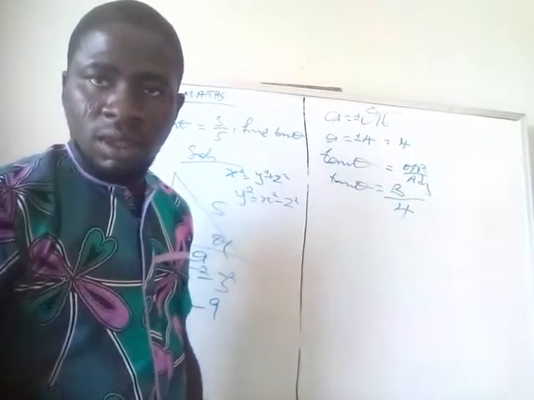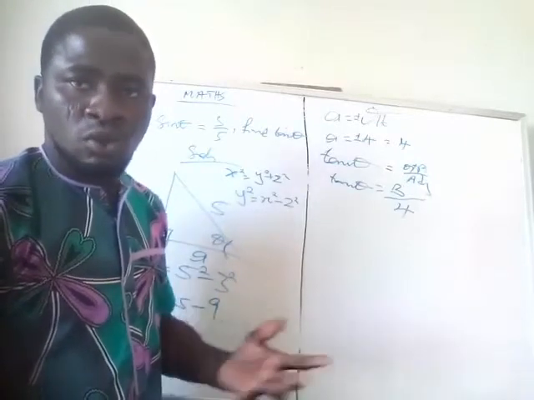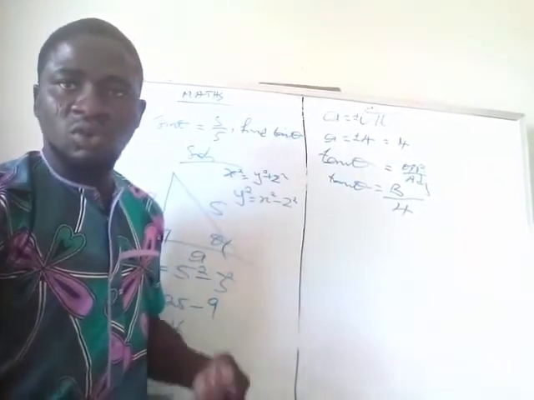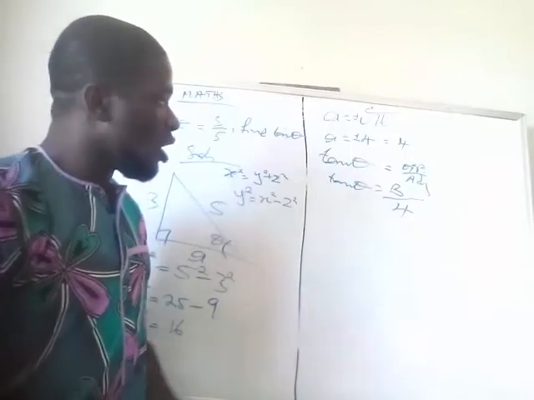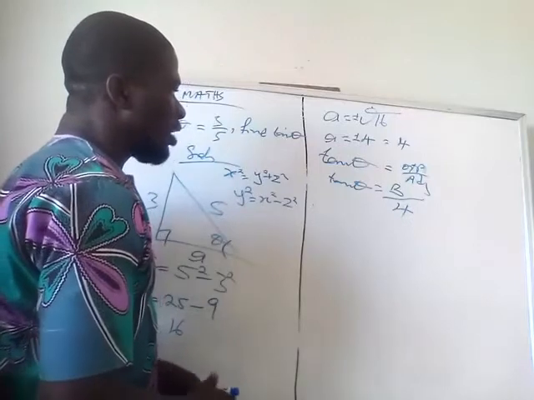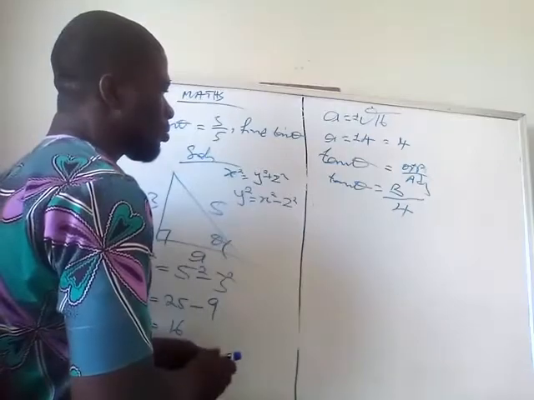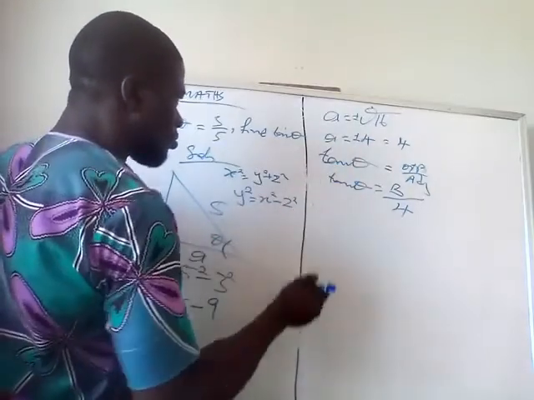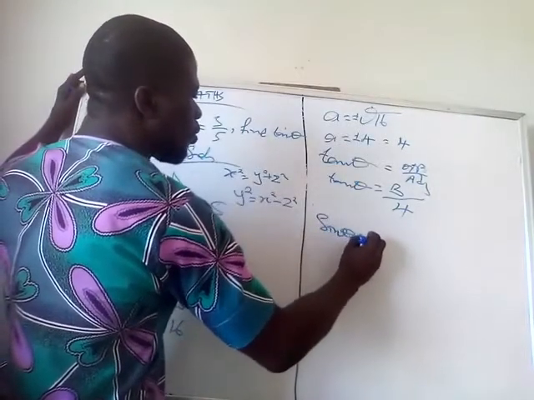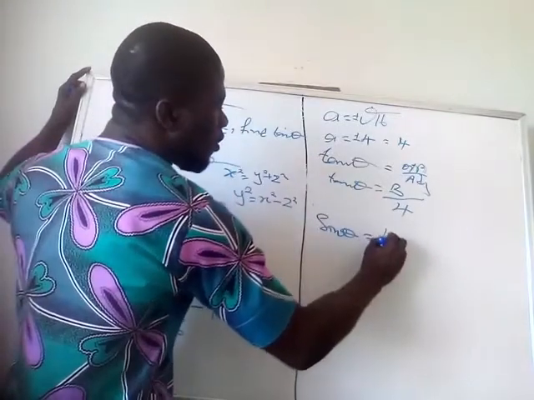In one of our lessons, the next day or to come, I will forward exam assignments to you so that you solve. In your house, you can also try something like sin theta equal to 4 over 5.